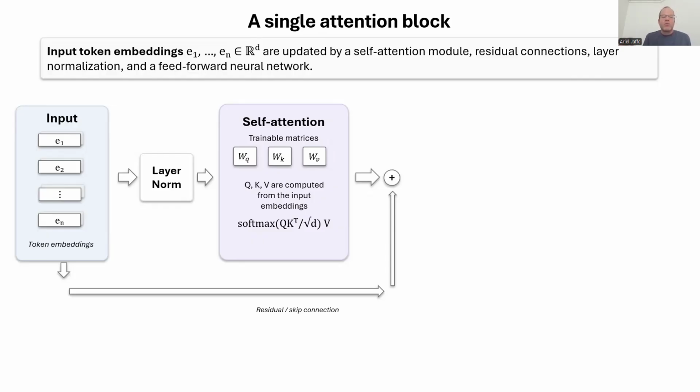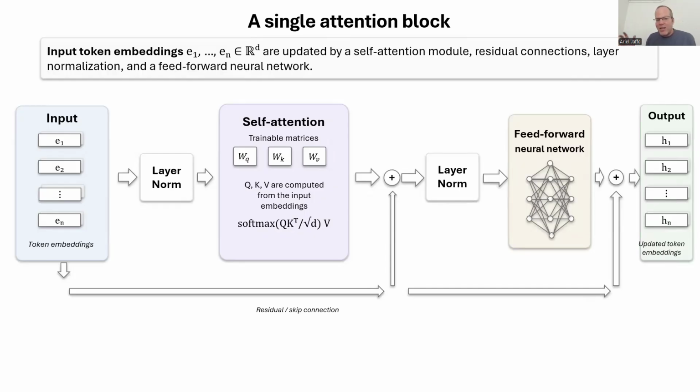So we don't throw out the original embeddings. We add them to the new embedding to get a new representation, which is the result both of the self-attention mechanism and the original embeddings.